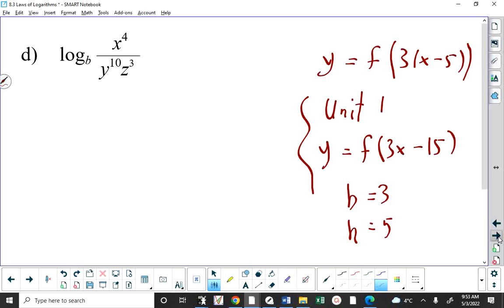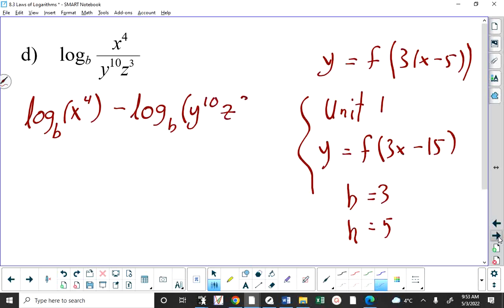This means, and I'm going to give you the detailed solution first, and then I'm going to explain the shortcut. Log base b of x to the 4 minus log base b of y to the 10 z cubed.